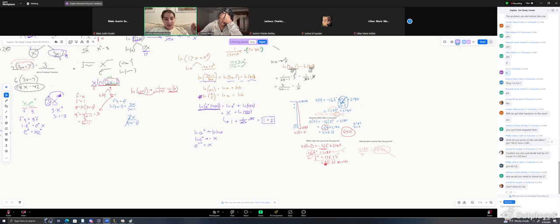All right, so let's just erase that, clean our workspace here. How do I find the velocity when the penny hits the ground? It's not so bad. I am just going to take that velocity function here, which is negative 32t, and I'm going to replace that t with my 11.67.